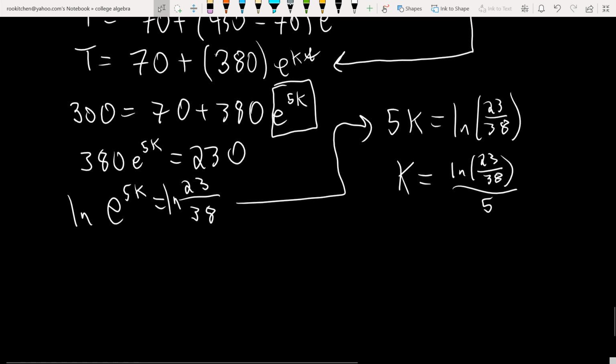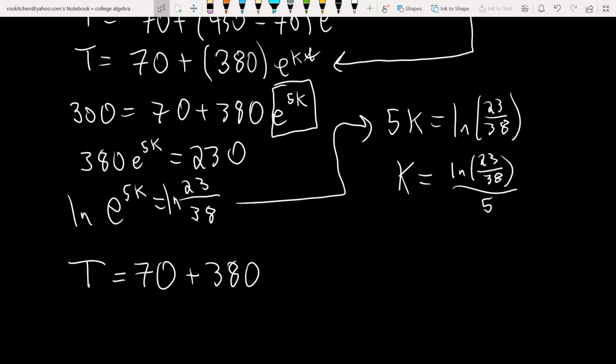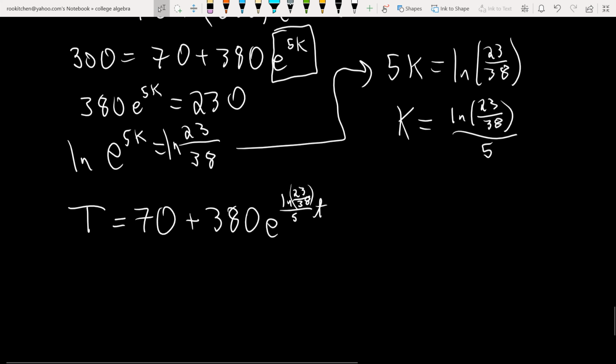So now we have a functioning formula for temperature, and all we need to know is the time, and we can tell you what the temperature of the pizza will be. If you work in a local pizza joint, this would be the formula you need to ensure that your pizza is still warm enough within health guidelines to be delivered.